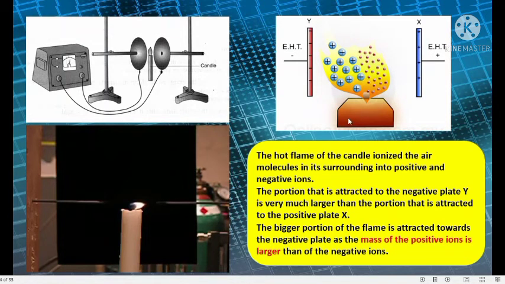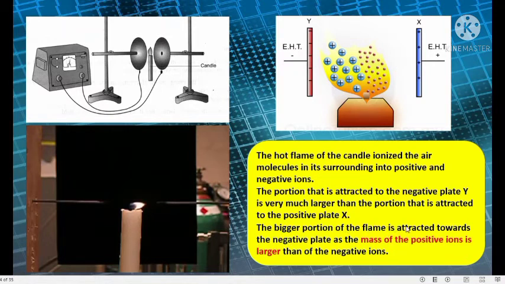How to explain this situation? The hot flame of the candle ionizes the air molecules in its surroundings into positive and negative ions. So there are positive and negative ions. The portion that is attracted to the negative plate Y is very much larger than the portion attracted to the positive plate X. Why?